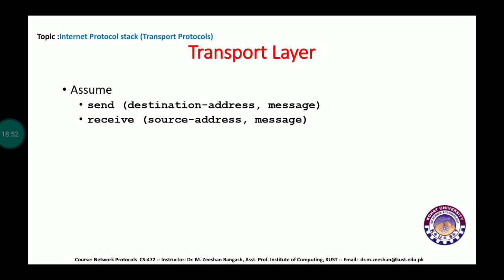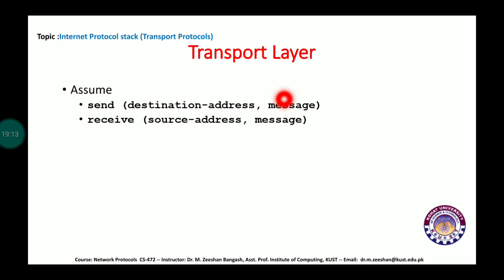So let's talk about today's discussion topic, which is the transport layer. Consider two messages. One message is generated by the sender. The sender calls the function send and transmits the destination address along with the message.